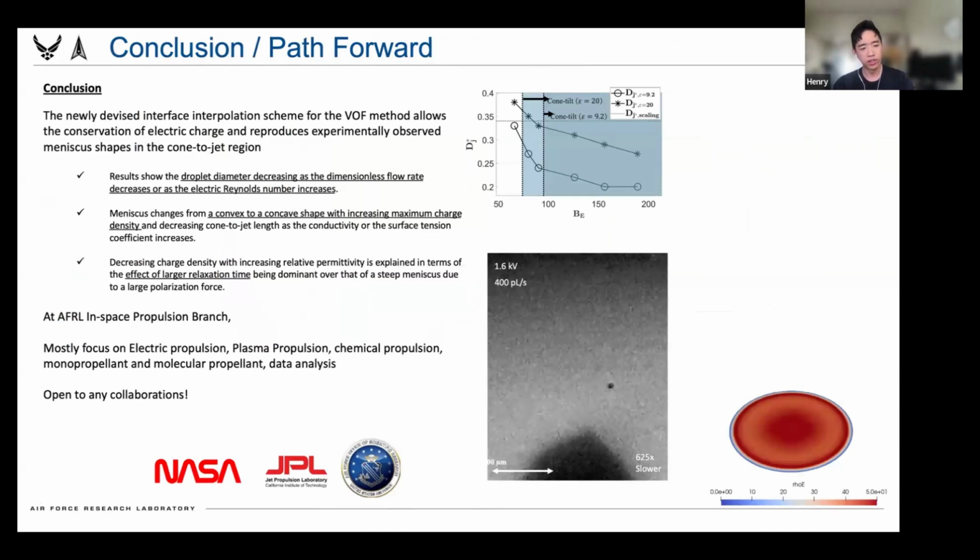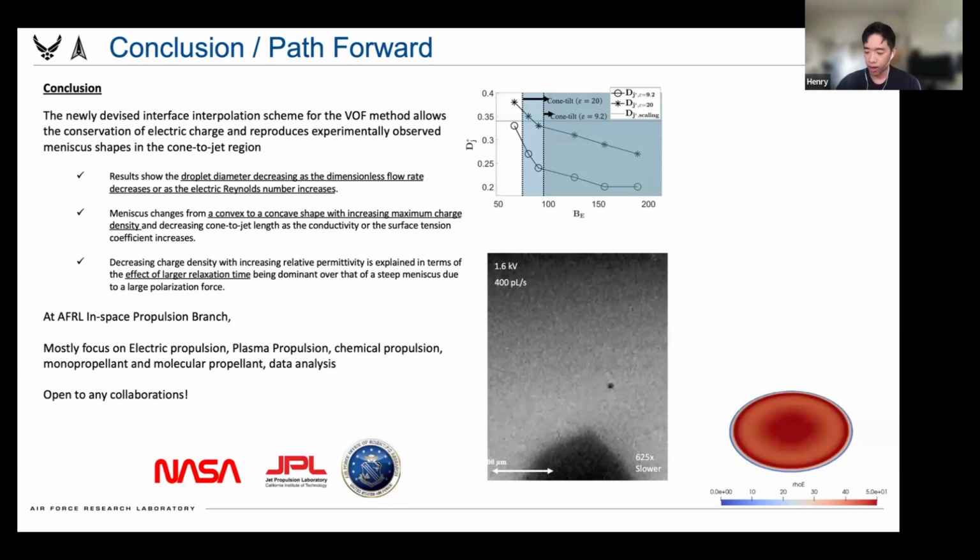Also, at FRL in the space propulsion branch, we mostly focus on electric propulsion, plasma propulsion, chemical propulsion, monopropellant and molecular propellant, and data analysis, like the digital twin environment, because we can't experiment all the time since xenon gas is very expensive.